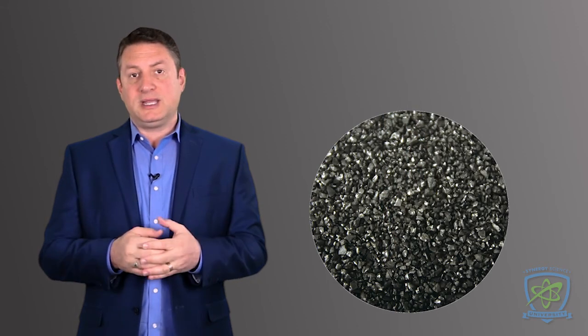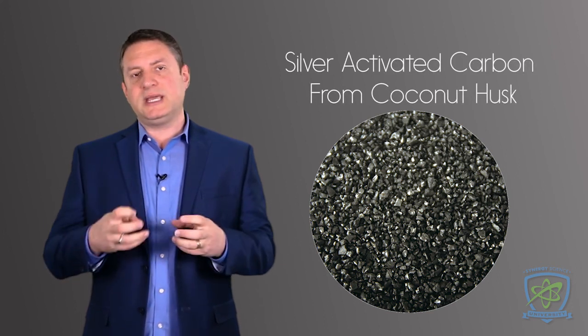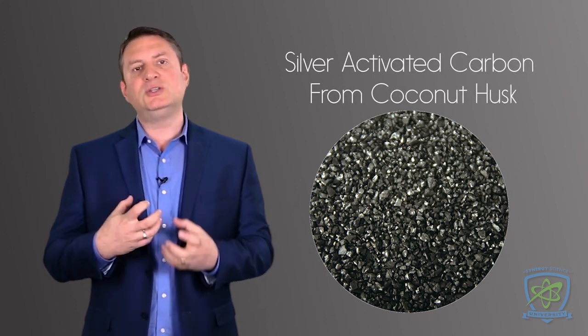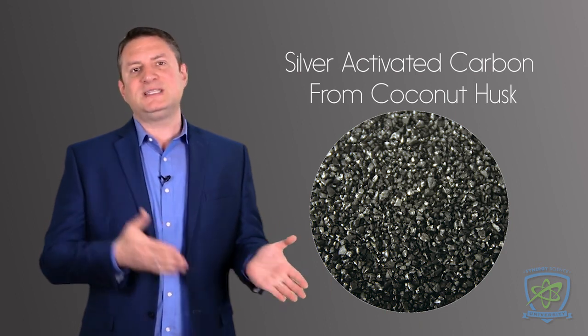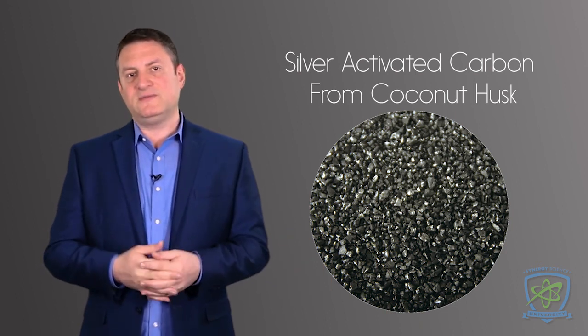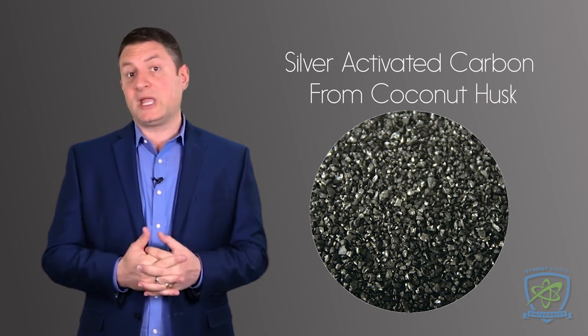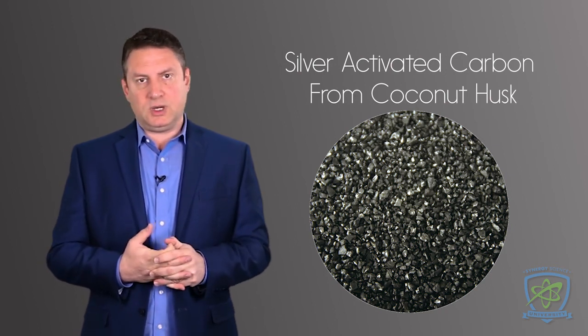So let's talk about carbon for a minute. Carbon can come from different sources. The best is coconut husks. When you take coconut husks and turn them into carbon material, what's called activated carbon, this is one of the most effective medias for filtration for organic materials in water.